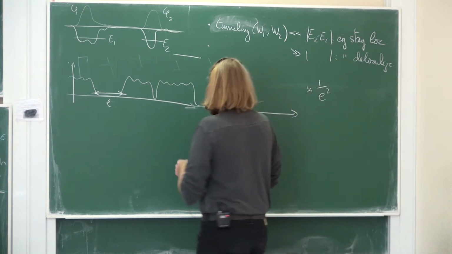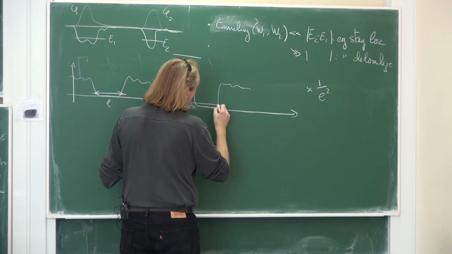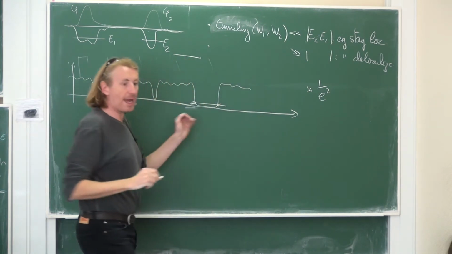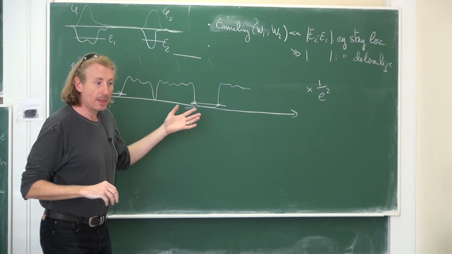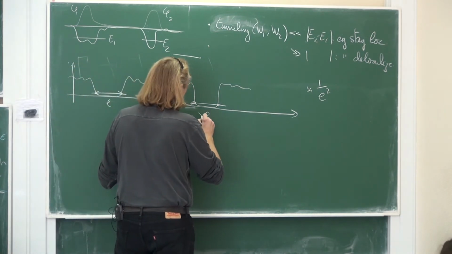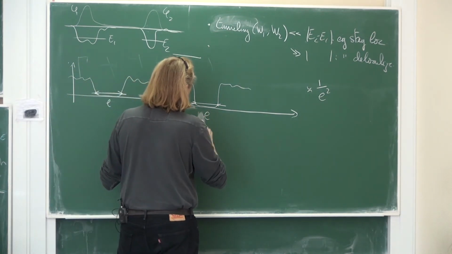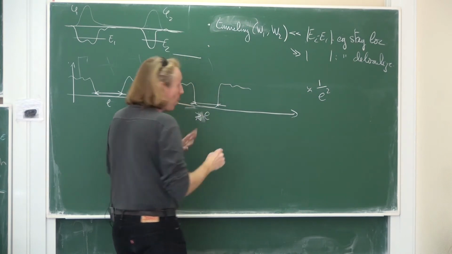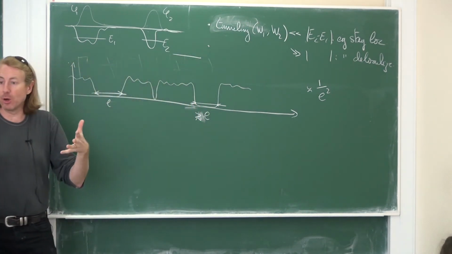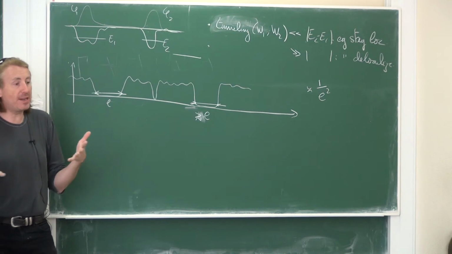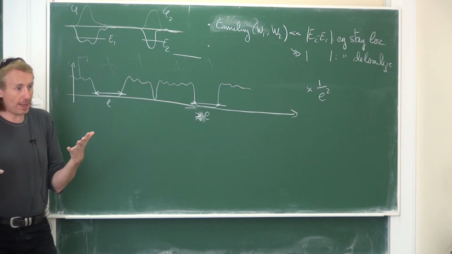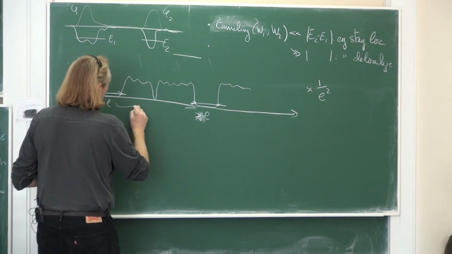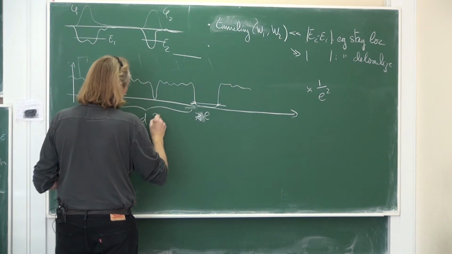Now, imagine that you want to find another region where the eigenvalue is of size 1 over l squared. You need to find another region, where the potential is almost 0, that has a width of size roughly l. What is the distance between two such regions?